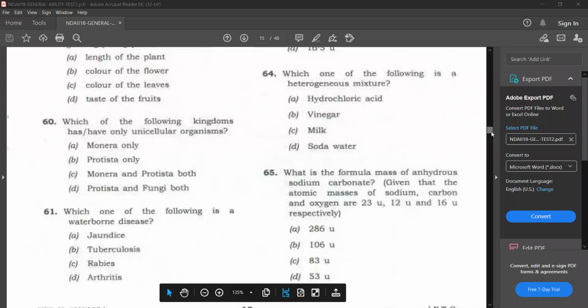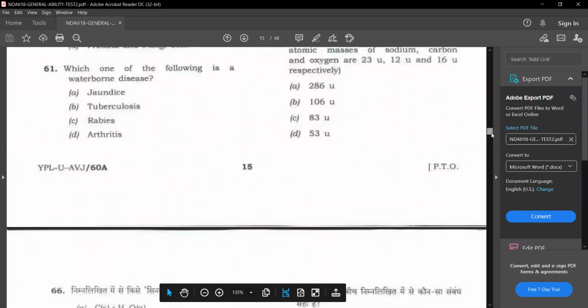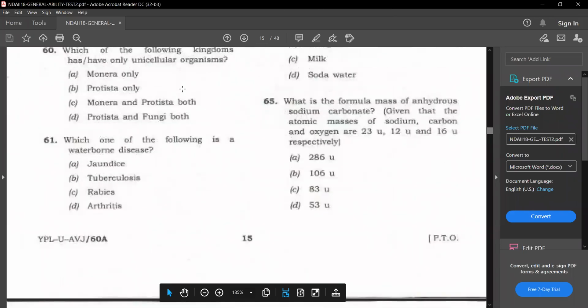Next question. What is the formula mass of anhydrous sodium carbonate? What is the formula for sodium carbonate? Anhydrous means it does not have water.